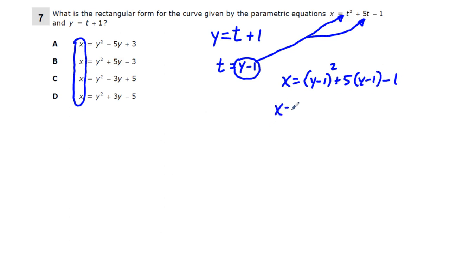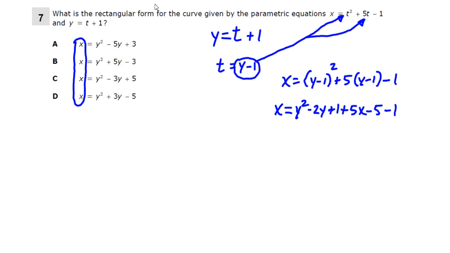So x is equal to, and squaring this thing here, we get y squared, and we have minus 2y, and then negative 1 squared is going to be plus 1, and then we have plus 5y, and then 5 times negative 1 is minus 5 minus 1.